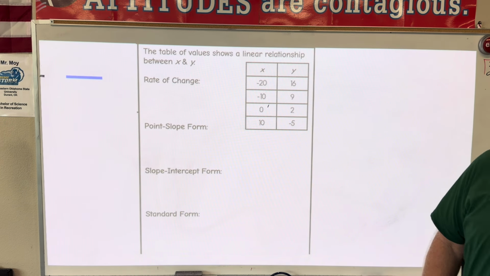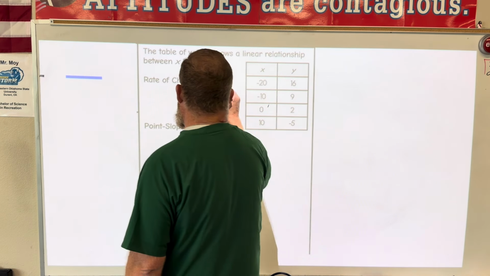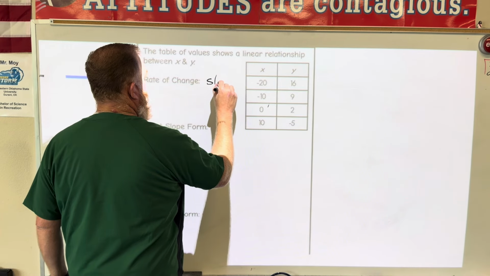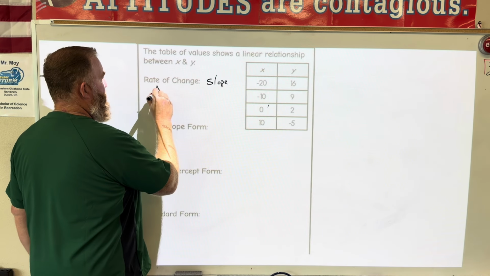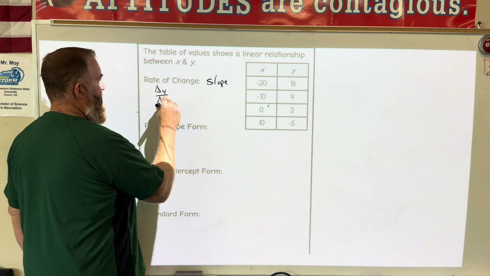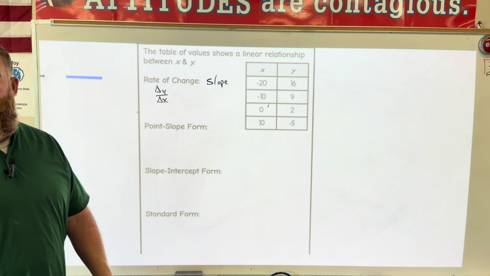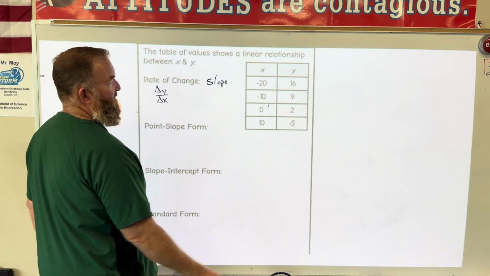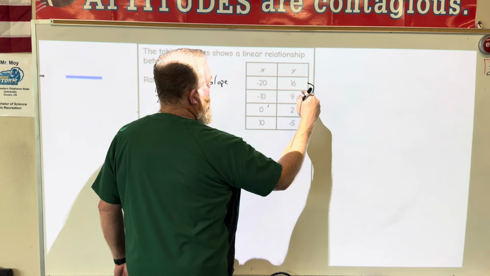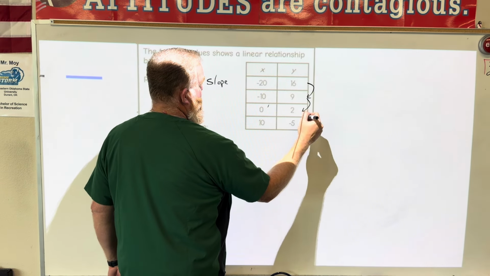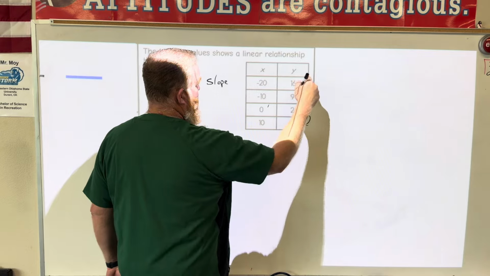All right, with your table, here's how this works. This is going to be my slope. If you remember, it's the change in y over the change in x, right? That's what we just did: we subtracted the y's and we subtracted the x's. Let's do the y's. How do you get from 16 to 9, then 9 to 2, and then 2 to negative 5? What's the pattern?